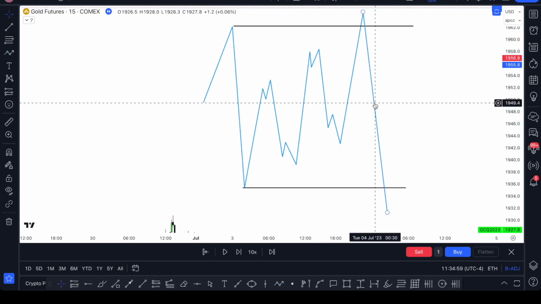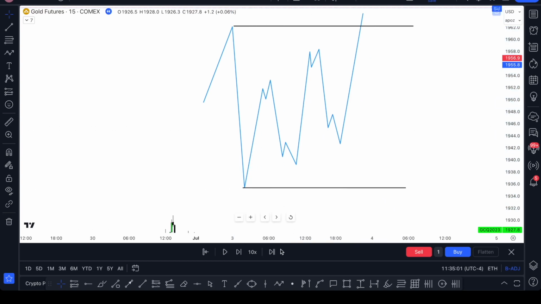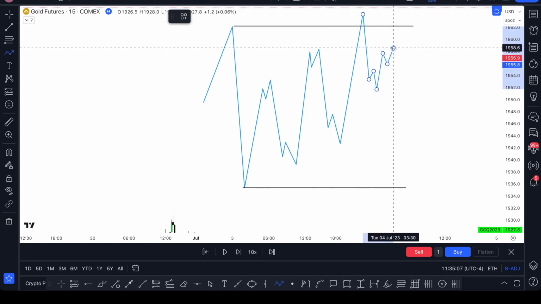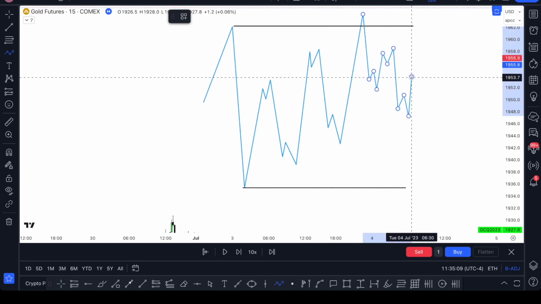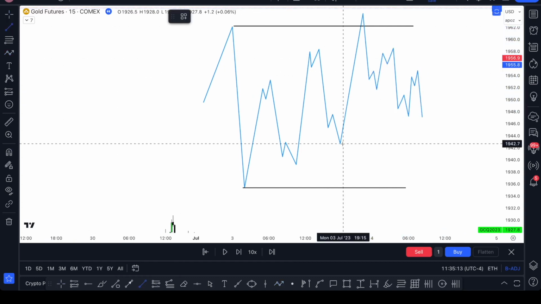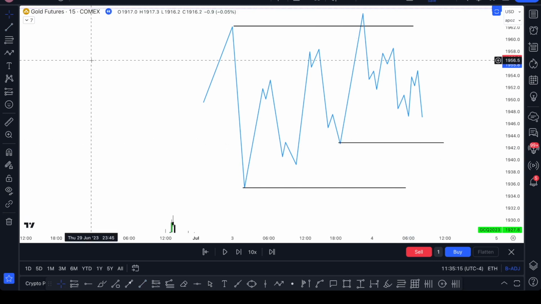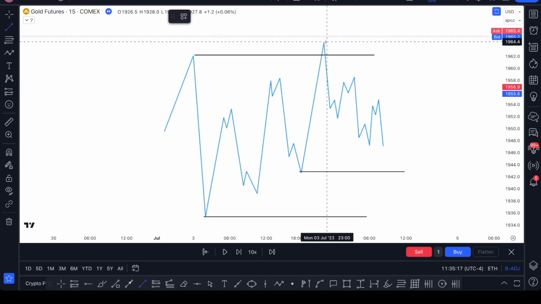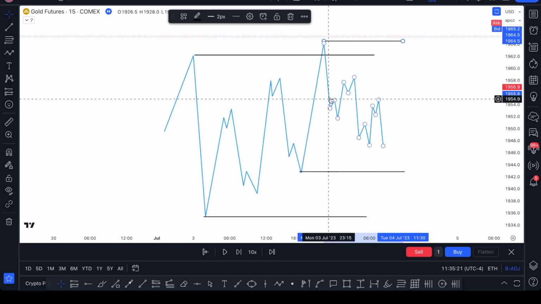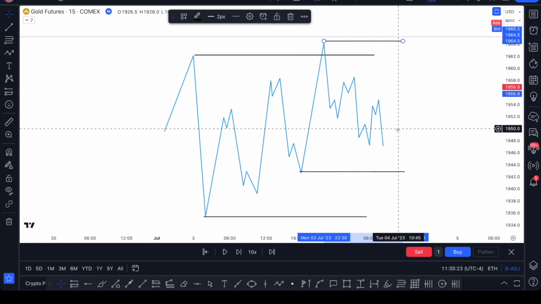Now, there are going to be instances in which price, on the way down, does another thing. It creates more changes of state like that, at which point this is your dealing range low and that is your dealing range high, and between these two extremes there are 3 or more changes in the state of delivery.